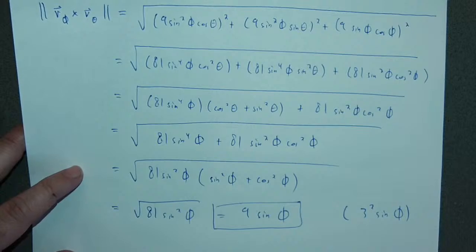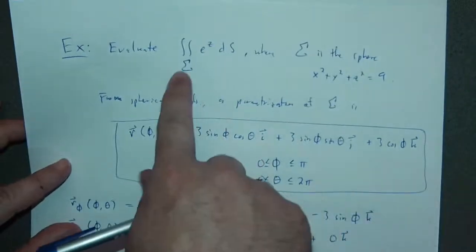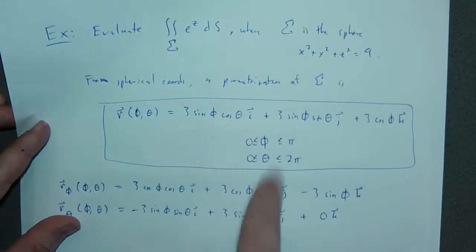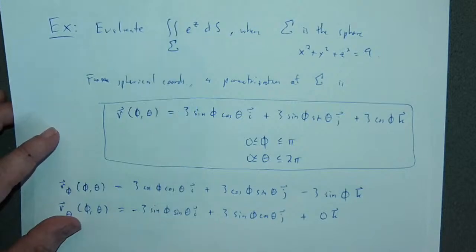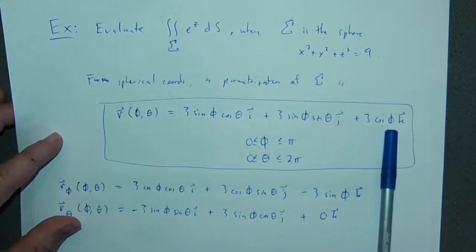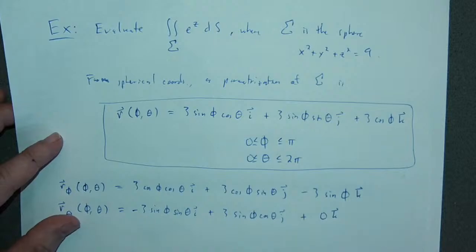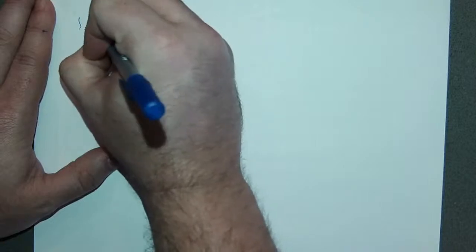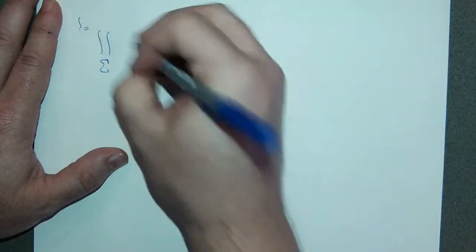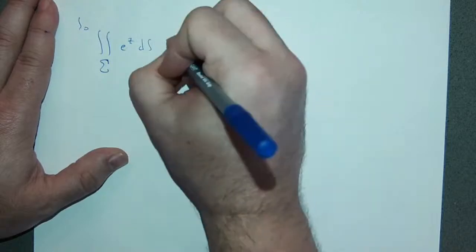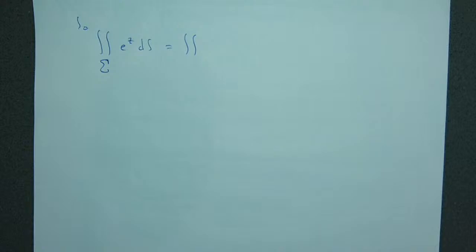Okay, so let's go all the way back to the surface integral that we're supposed to be computing, which is the surface integral of e to the z, where this is our parameterization. Since this is our parameterization, I will be plugging in 3 cosine phi, which is my z of phi theta function, into e to the z here. Then I'm going to be multiplying that by this norm that I just found. And so my surface integral over sigma of e to the z dS is the double integral over the region R. Well, what is the region R here?